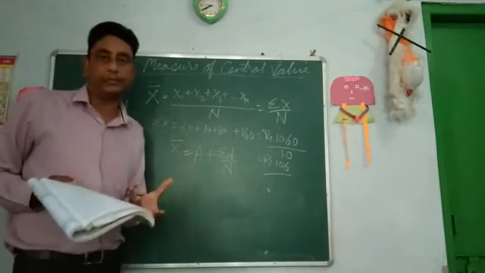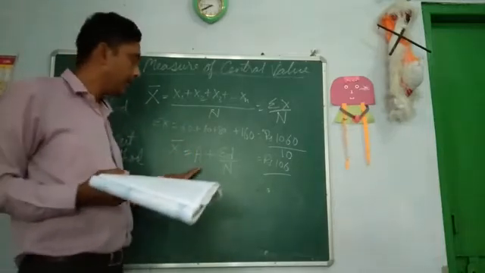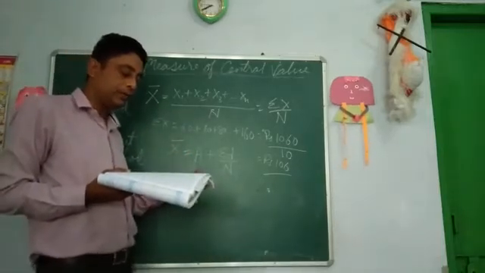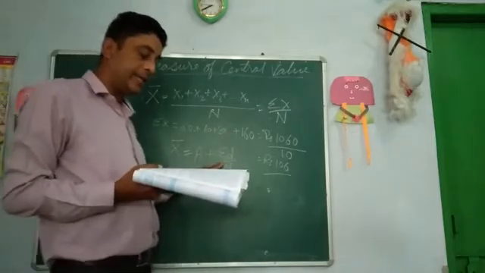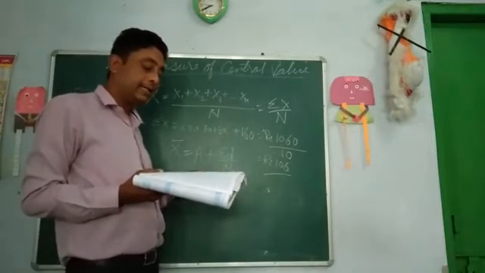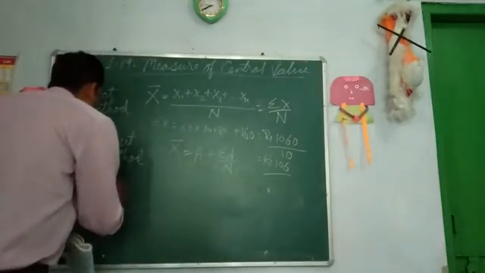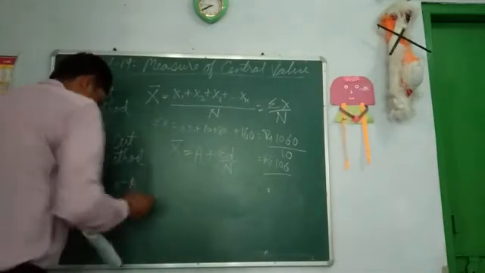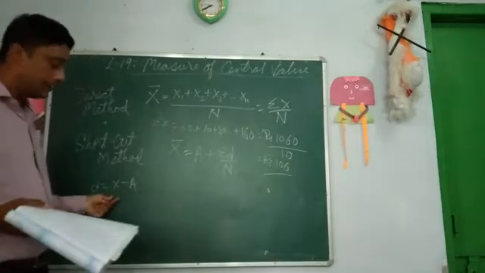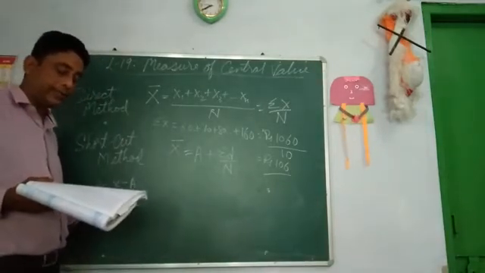We have assumed an arithmetic average, this is the assumed value, and d is the deviation of the item from the assumed mean. That is, d is equal to x minus a, the real value minus the assumed mean.